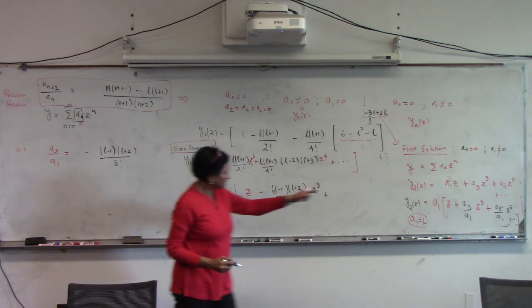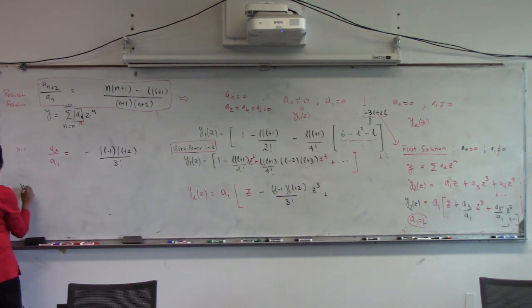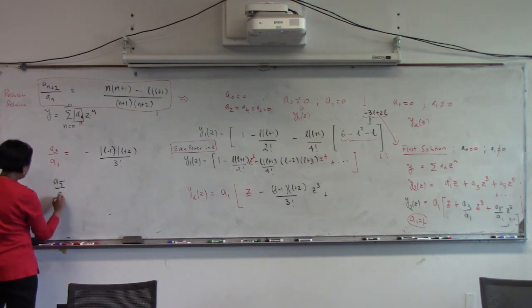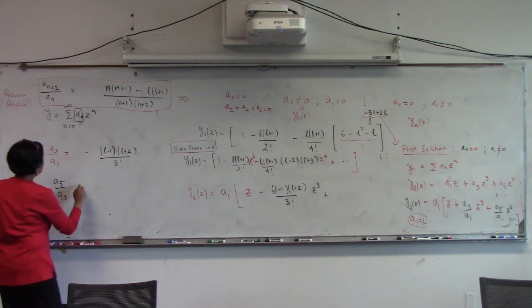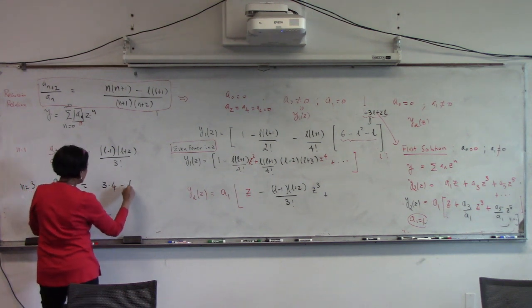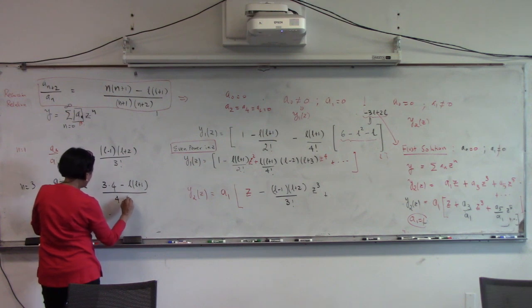So the next term is A5 over A1 that I want, but I will get A5 over A3 if I put n equal to 3. That's what I'm going to get. So 3 times 4 is 12 minus L times L plus 1. 3 plus 1 is 4, 3 plus 2 is 5.